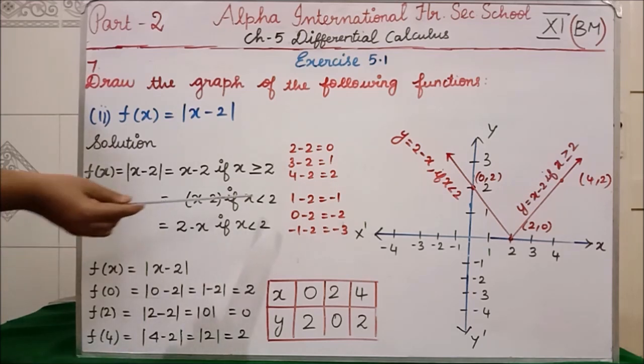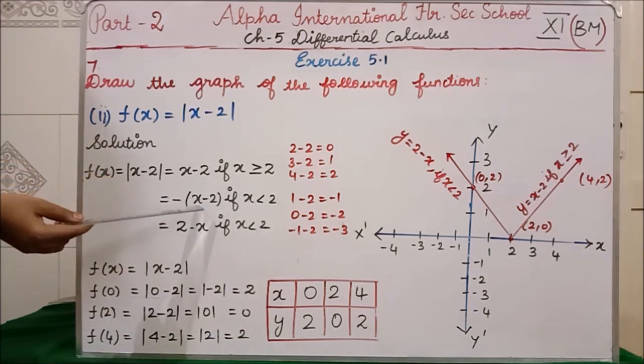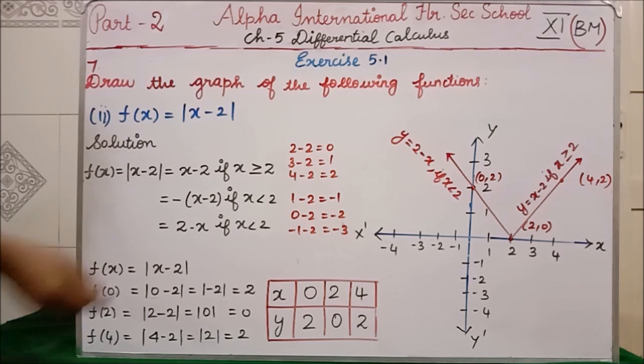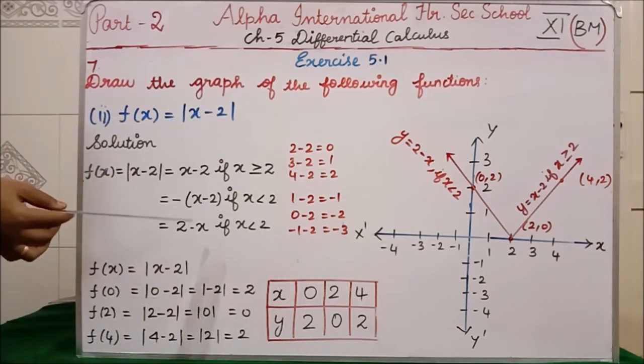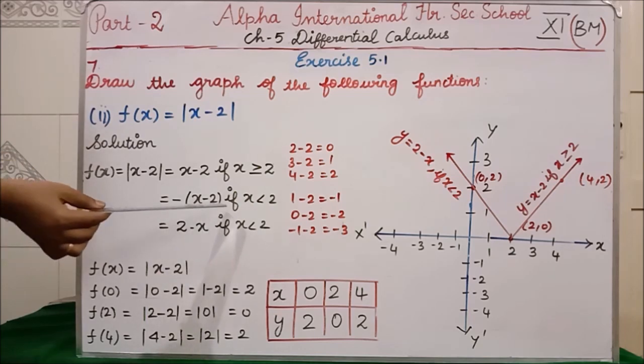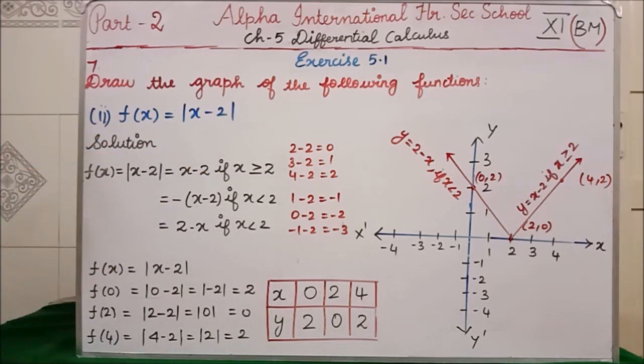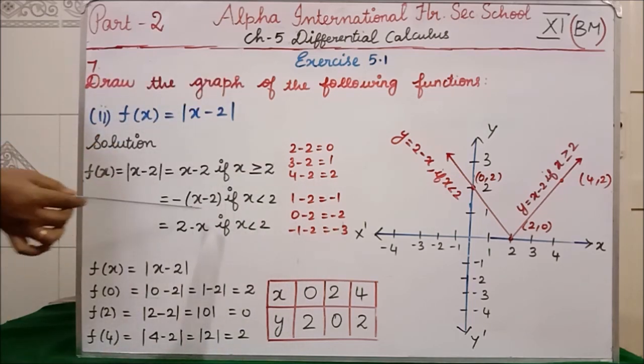See, now I am going to give first 1. 1 minus 2, what am I getting? Minus 1, a negative value. Next give the value 0. 0 minus 2 is minus 2, again a negative value. Next give minus 1. Minus 1 minus 2 is minus 3. Students, when x is less than 2, we are getting a negative value.